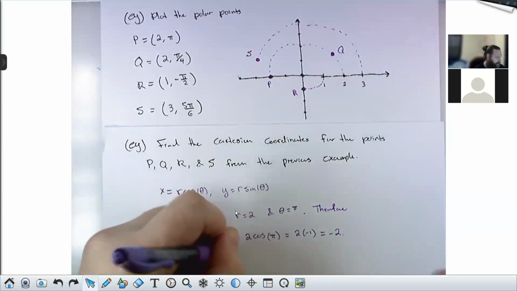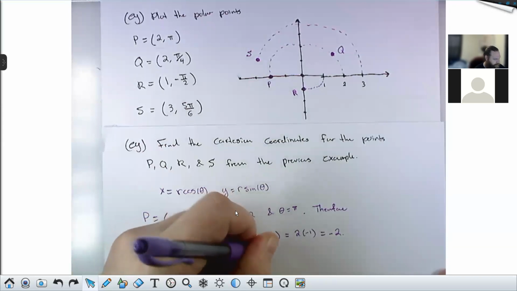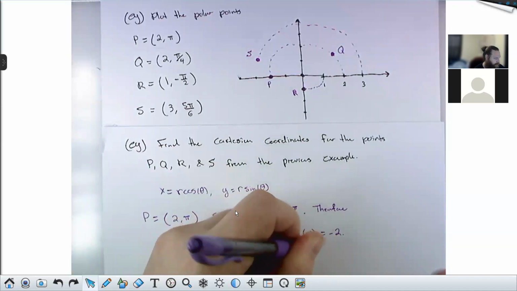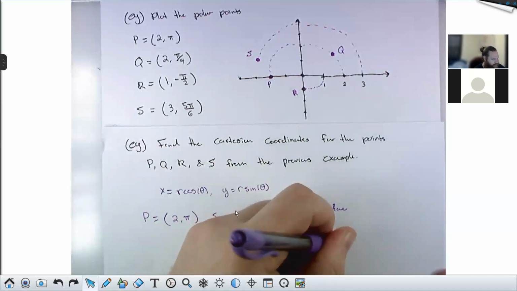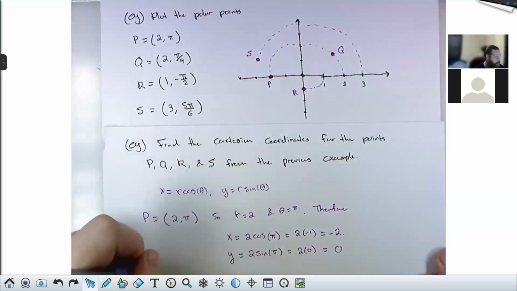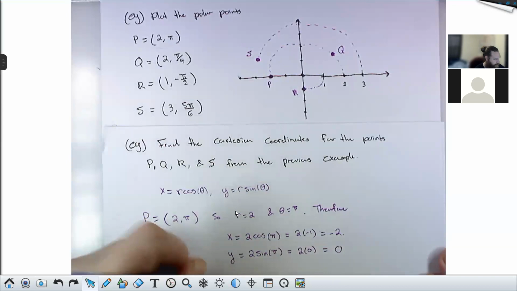And y? That should be r sine theta. That's 2 times the sine of pi. The sine of pi is 0, so that's 2 times 0, which is 0. So P in Cartesian coordinates is (-2, 0).